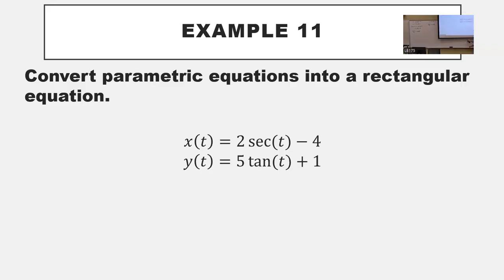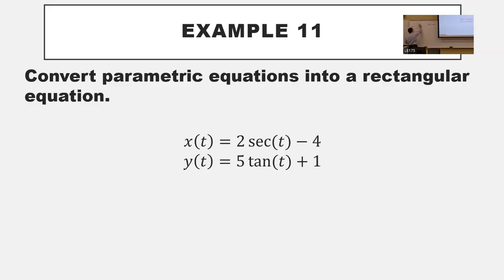What if we have secants and tangents? Well, if we have secants and tangents, let's take the exact same concept, but just change to secant of t minus 4, 5 tangent of t plus 1.